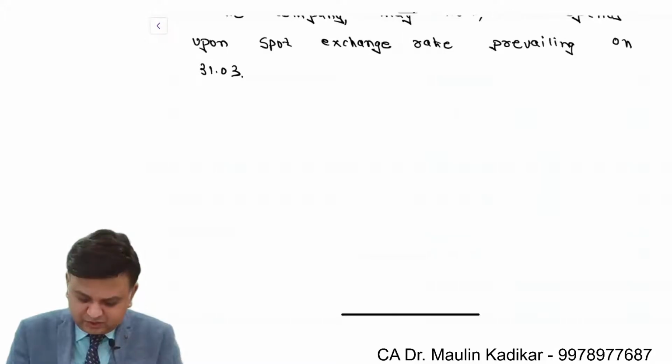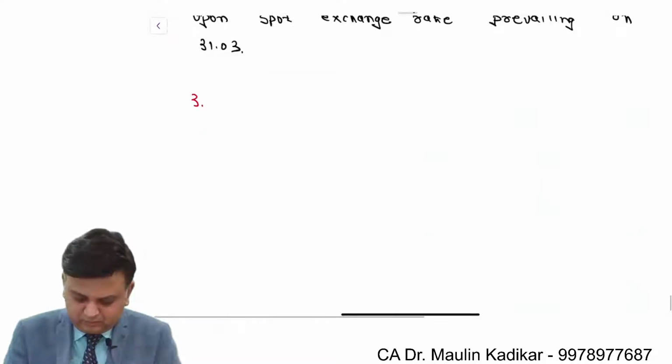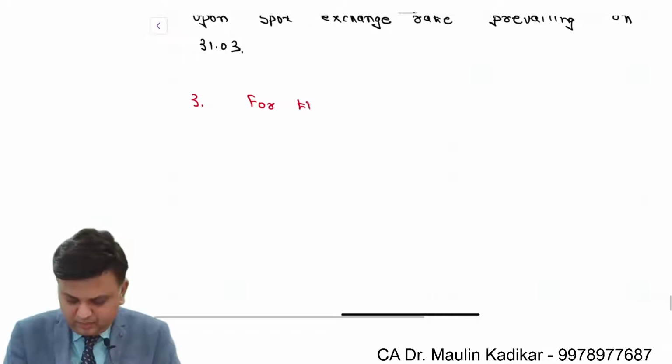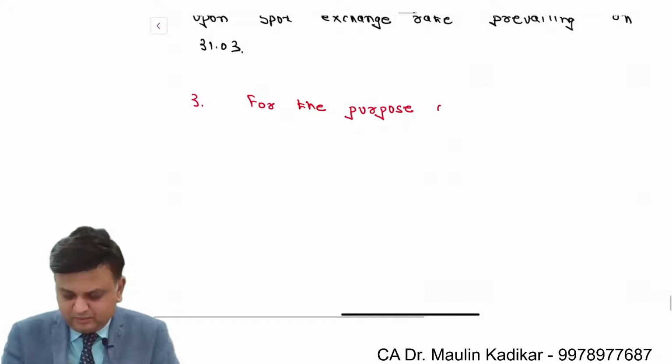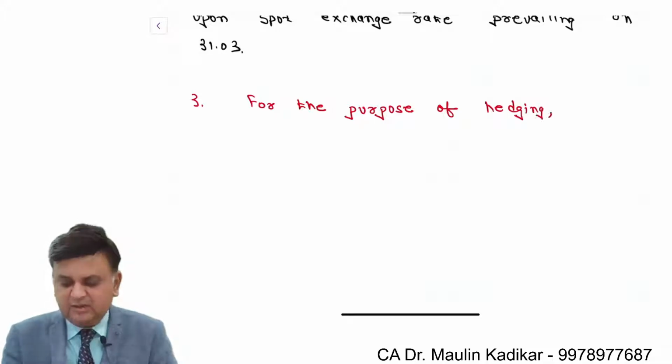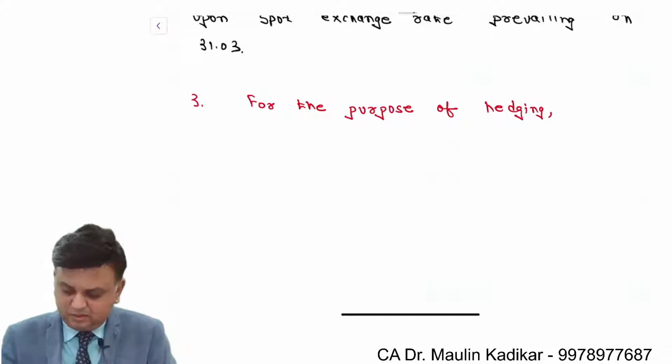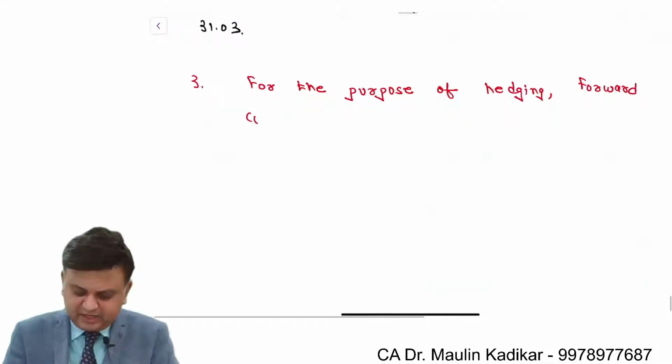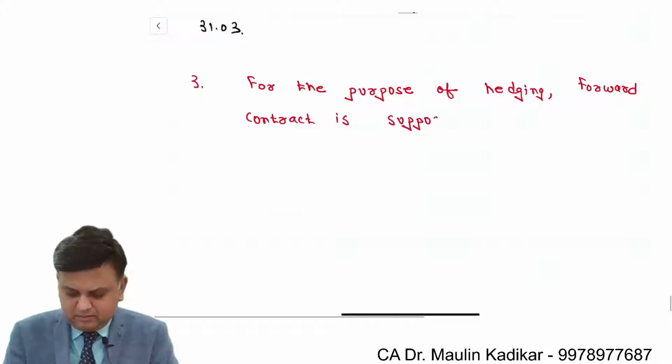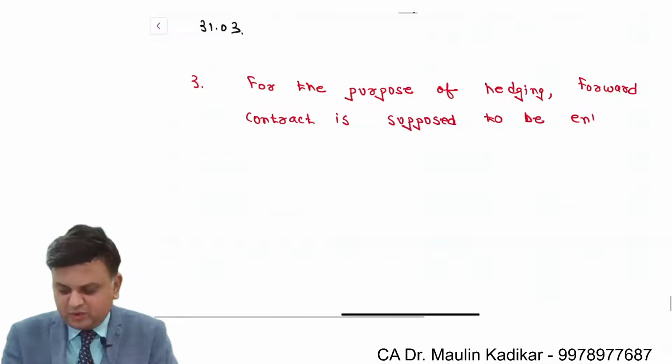So let us answer the third question. For the purpose of hedging, a forward contract is supposed to be entered upon.